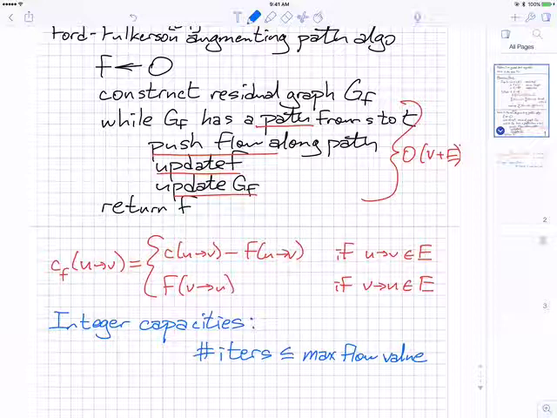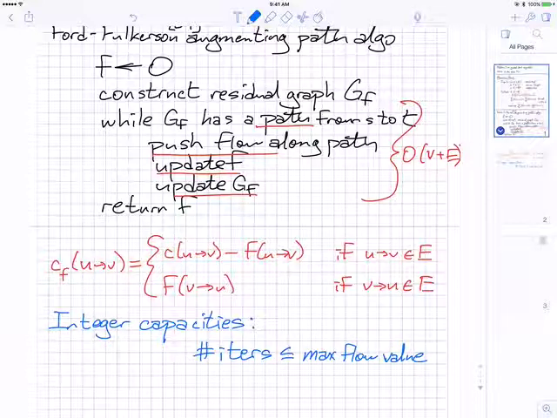So the algorithm will, in fact, terminate. This is a terrible, terrible upper bound because you can create examples of graphs where the graph has only a constant number of edges, but has some very, very large capacities that are encoded in binary, which means this maximum flow value is going to be exponential in the number of bits that you need to write down the input.